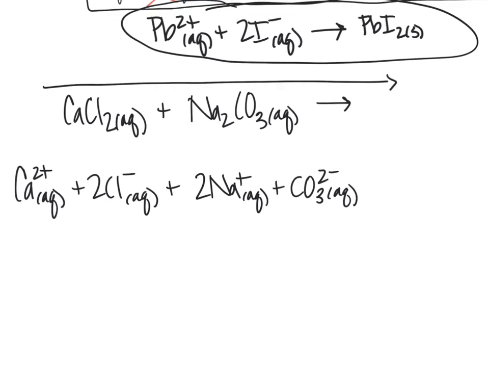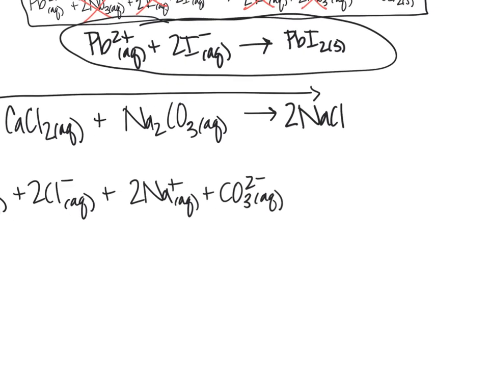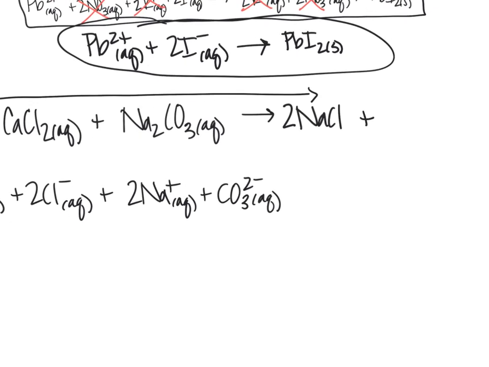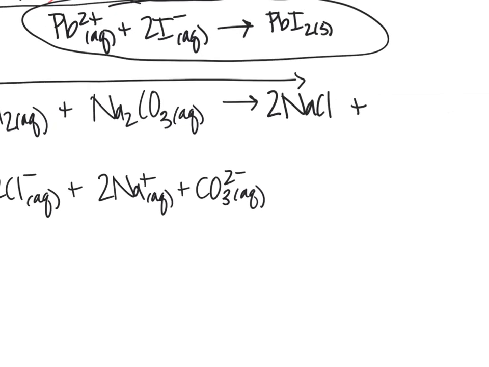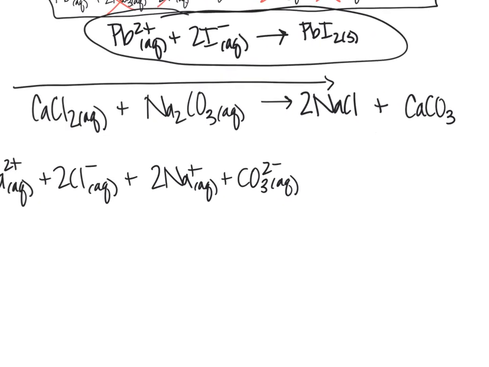So we can now create our do-si-do reaction where the sodium and chloride interact. We have 2NaCl plus, in this case, we are going to make calcium carbonate, CaCO3. So sodium chloride is aqueous. The majority of carbonates are solids. Calcium carbonate is no different.